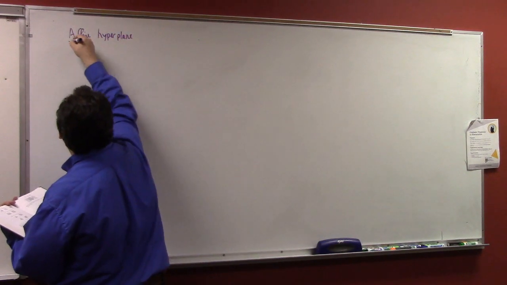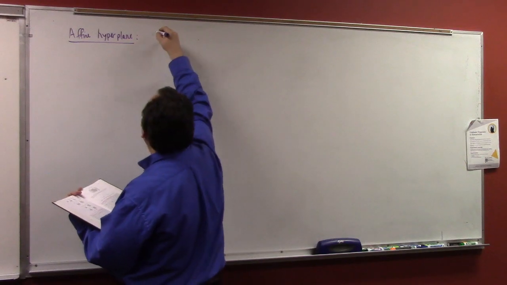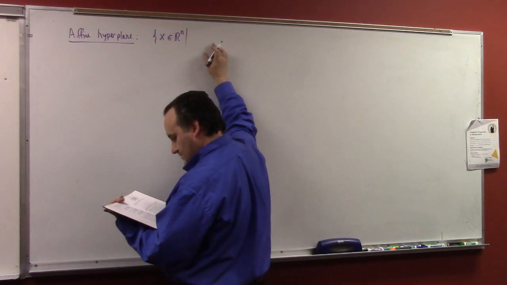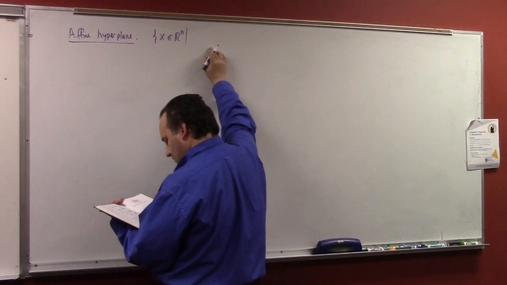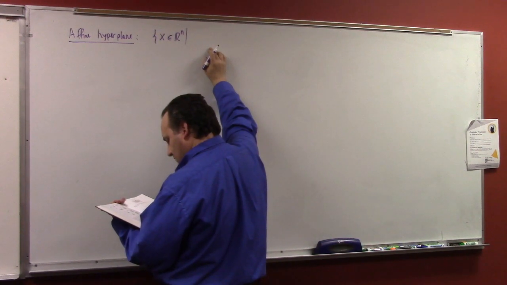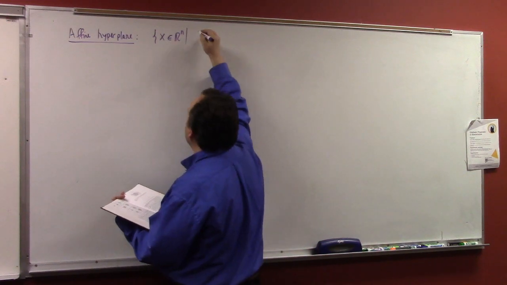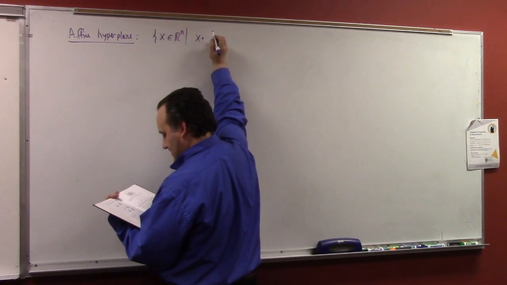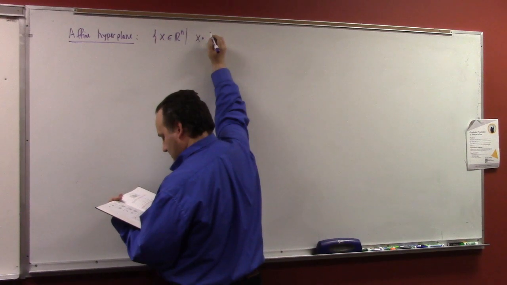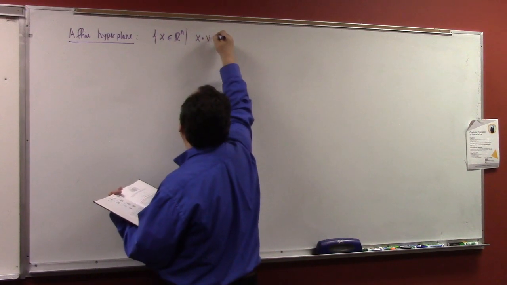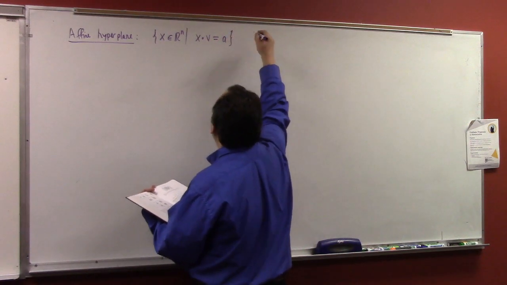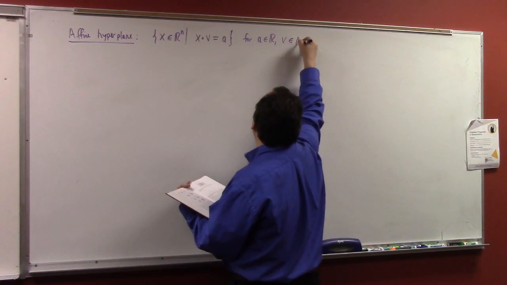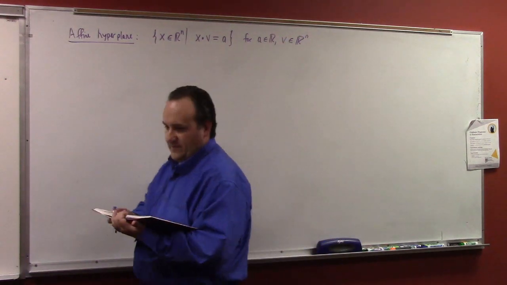An affine hyperplane he defines as the set of x in Rn such that x dot V equals A, for A a real number and V in Rn. So this would define a so-called affine hyperplane.